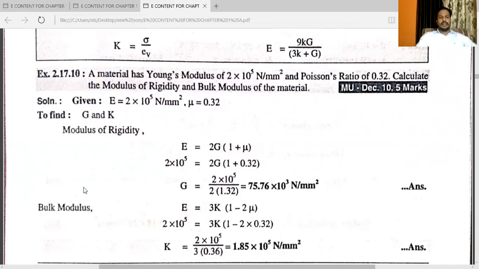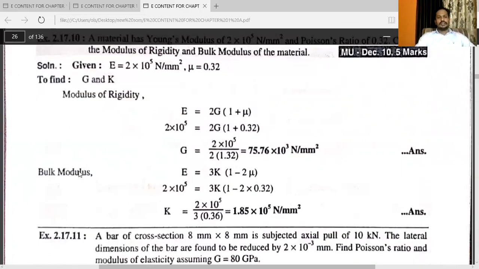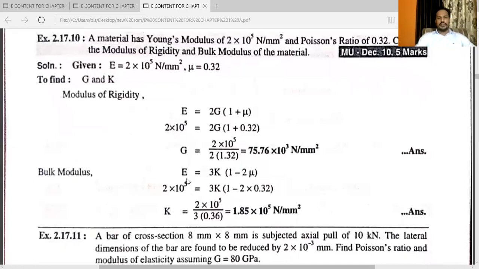The other unknown is the bulk modulus, but we know the relationship between E and K. Again, E is equal to 3K into bracket 1 minus 2 mu. Here we have the value of E and the value of mu. There is only one unknown, that is K, the bulk modulus.